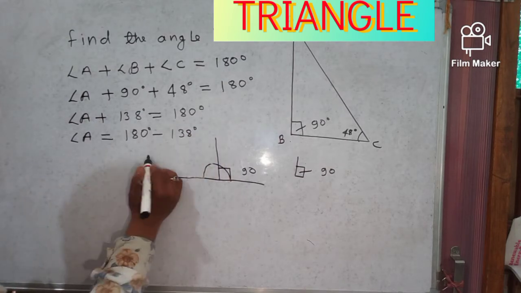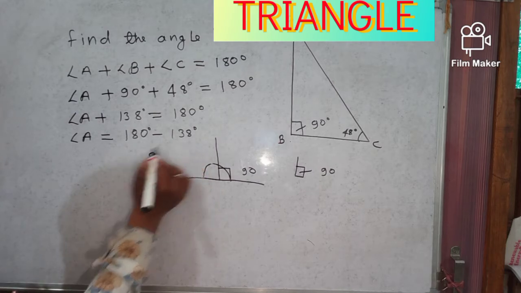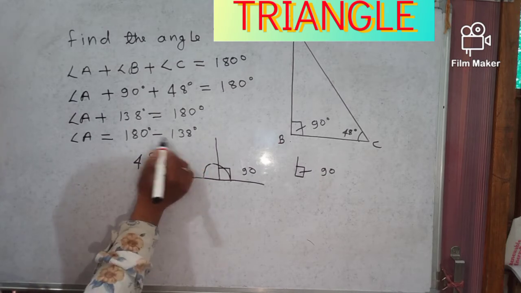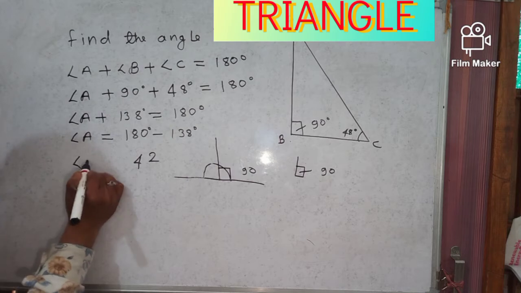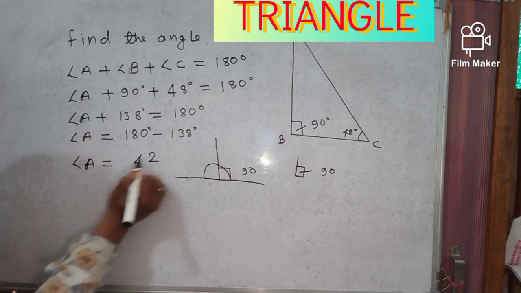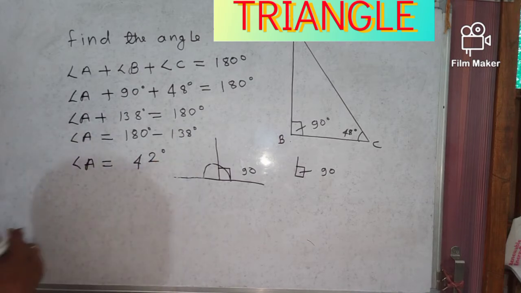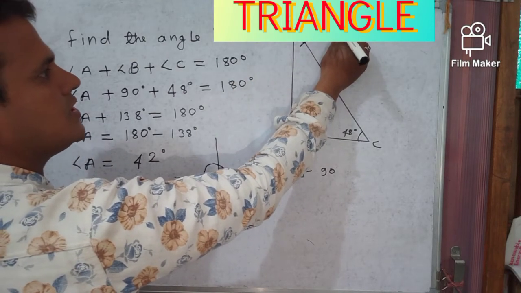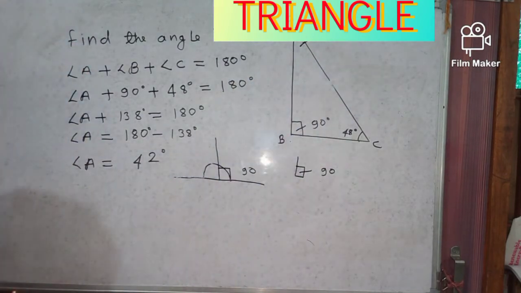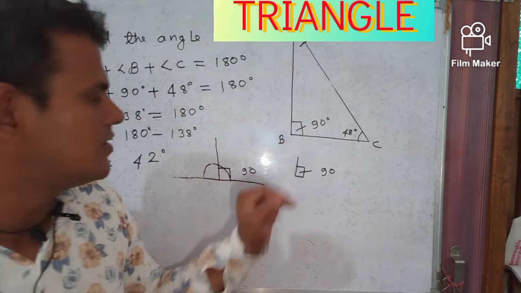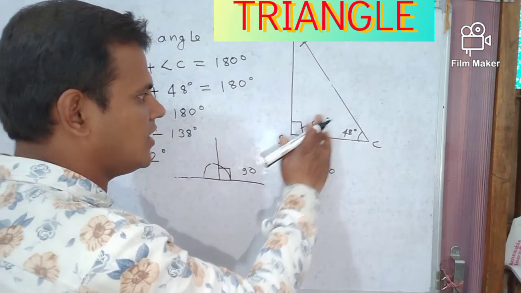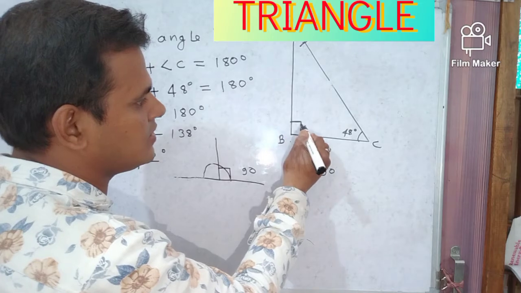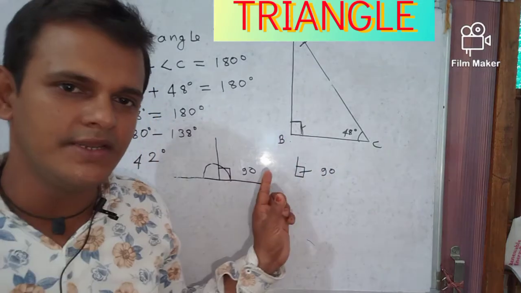So it is 2, 7, 4 and 1 cancel. So angle A is equal to 42 degree. So this angle is 42 degree.